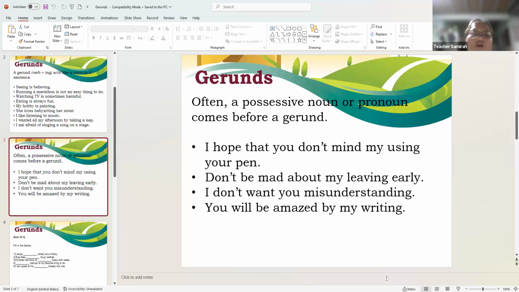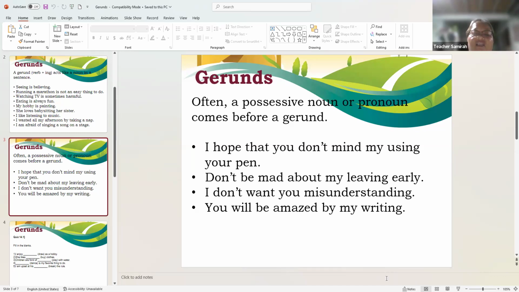I hope that you don't mind my using your pen. Right? My, a possessive, is before the gerund. Don't be mad about my leaving early.